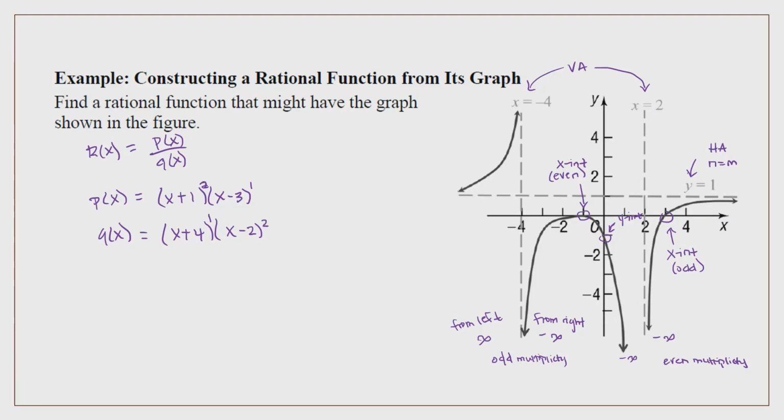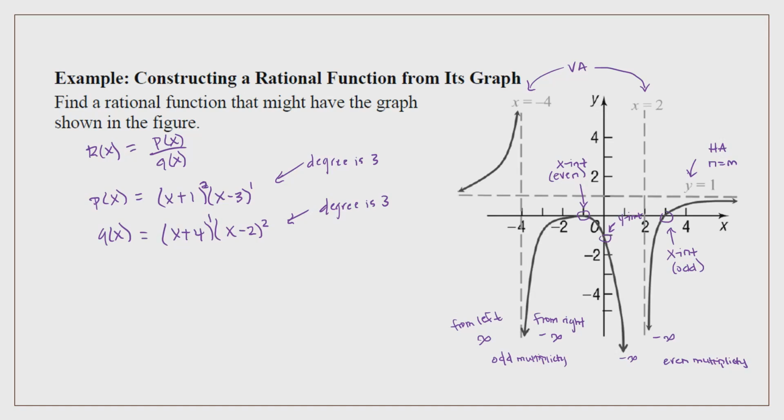Now we know from the horizontal asymptote that the degree of the numerator and the degree of the denominator must equal each other. So the total power in our numerator, the degree, is 3, and the degree of our denominator is also 3.